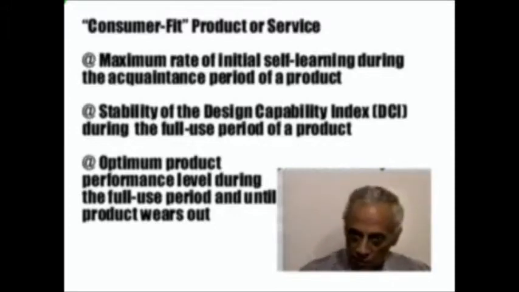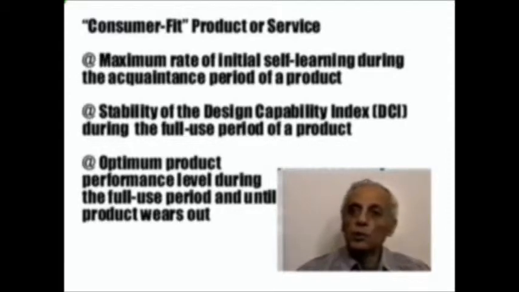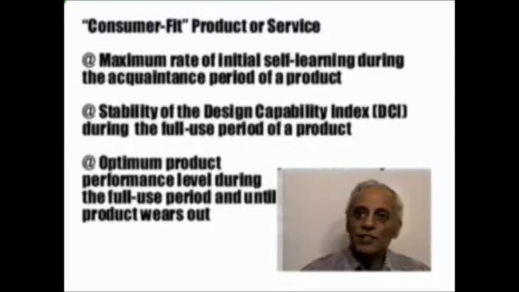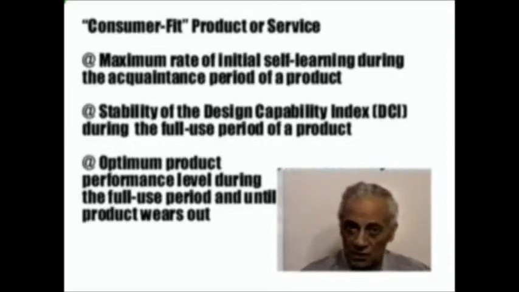Stability of the design capability index. We discussed the design capability index before, and the very important issue during the full use period of a product is how the specification matches the design capability tolerance over the use, because as we know, things will deteriorate and depreciate.